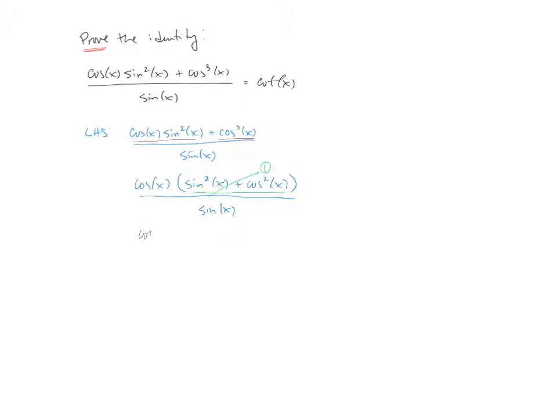So then we just have cosine over sine, which happens to be cotangent of x, exactly what we were shooting for. So I'll finish this up by writing RHS. So we've had the left-hand side now matched up with the right-hand side. And again, we'll follow this technique for all of these identities by picking a side, simplifying it down, and matching it up with the other side.